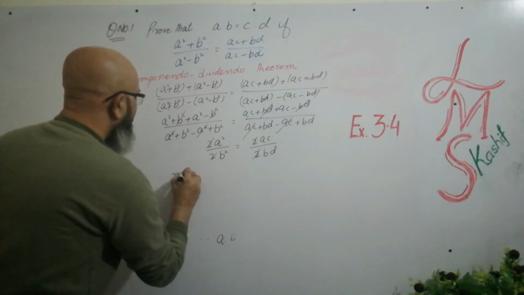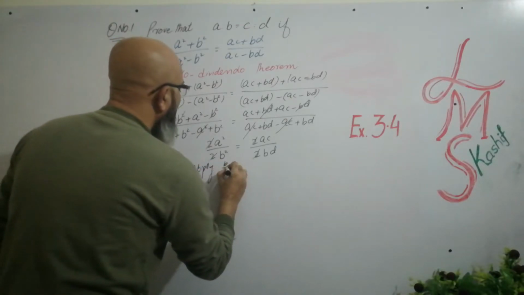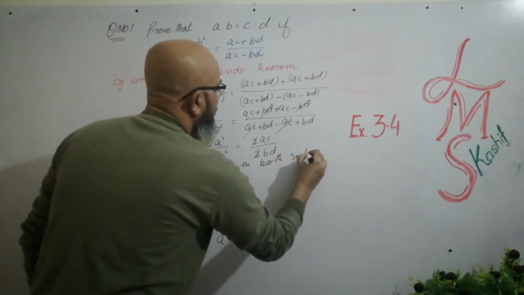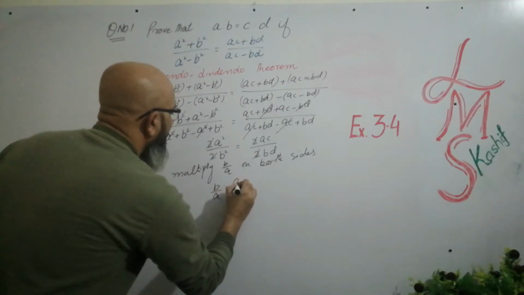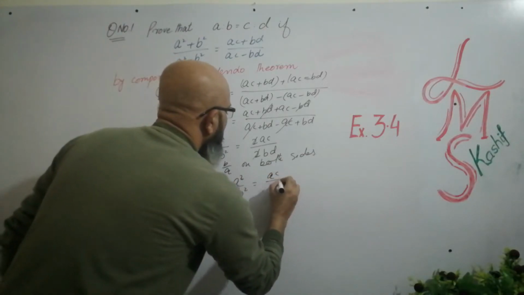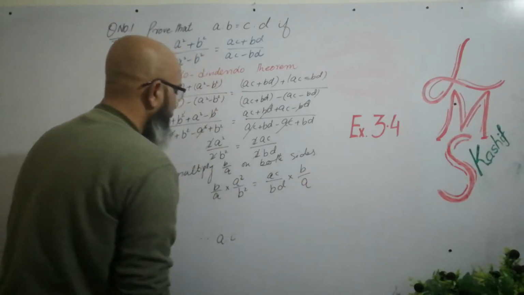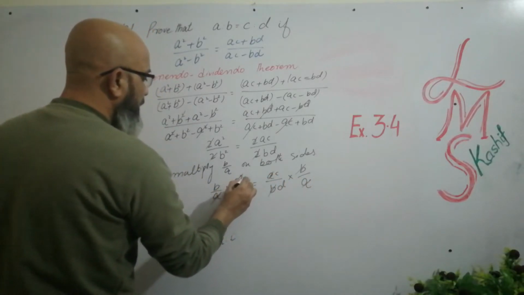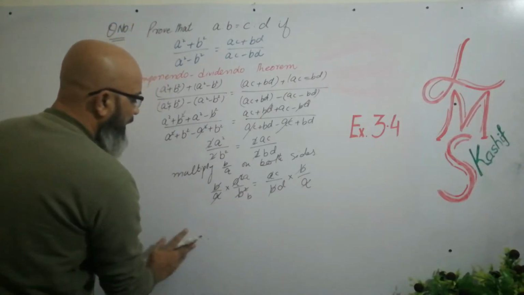So multiply B over A on both sides. So B over A multiplied by A square over B square, that is equal to AC over BD multiplied by B over A. So this B will cut this one, A will cut this one, A when cut with A square, A is left, B cut with B square, B is left.